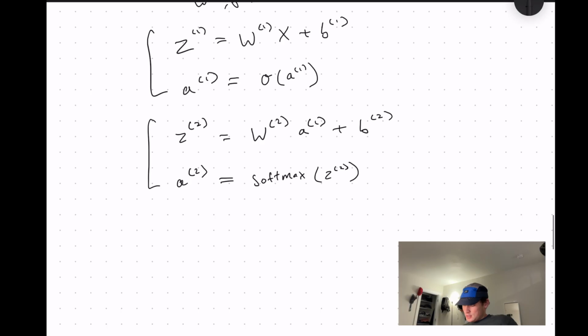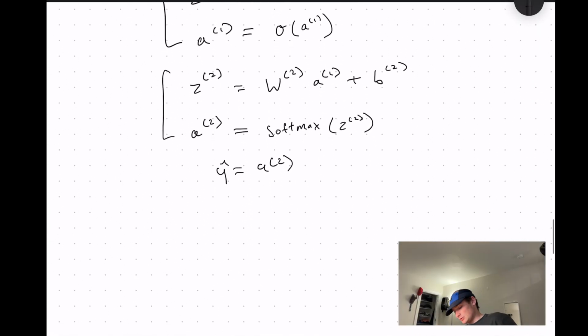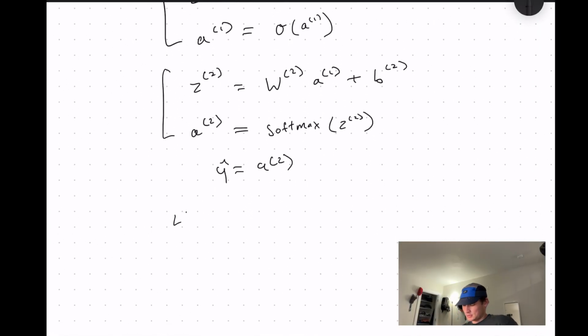Okay, so now this is the same thing as the softmax from before. And then that is our prediction. And so now we use the same loss as the softmax. So anytime you're using softmax, you're going to use the same loss. Anytime you're using sigmoid in the output, you're going to use the same loss. Anytime you're using linear regression, you're going to use the same loss. So those are the only losses that are relevant here.